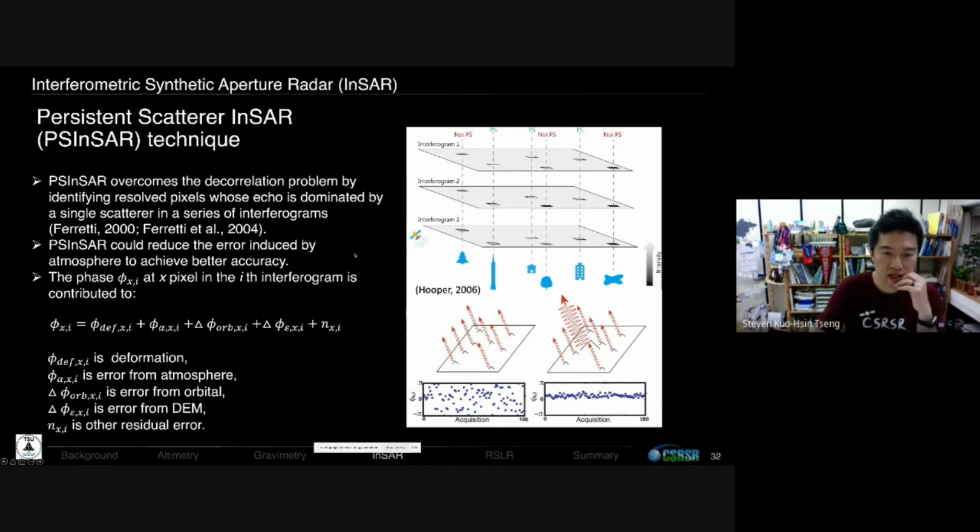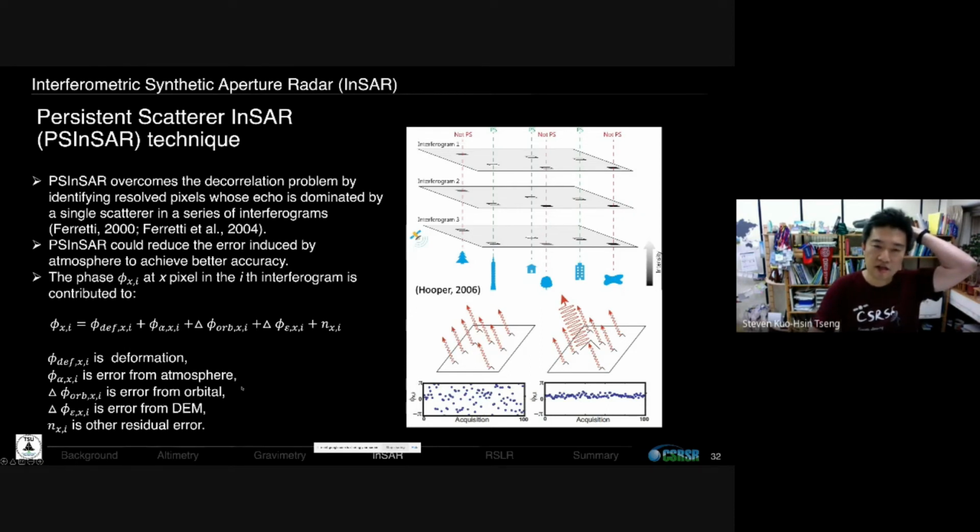So basically, for this scatterer, the bounced signal phase change includes several signals and also errors. So this is an example. The measured phase includes the actual deformation. However, there are also some errors, for example, the atmospheric error, the satellite orbital error, and also the topographical effect and so on, and the residual error and the unwrapping error.